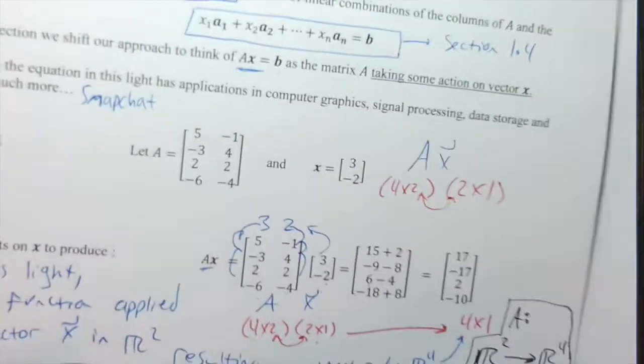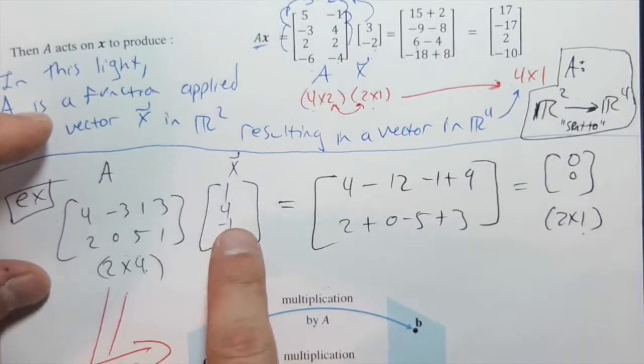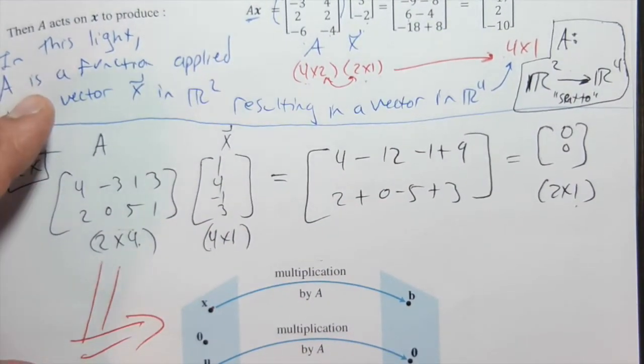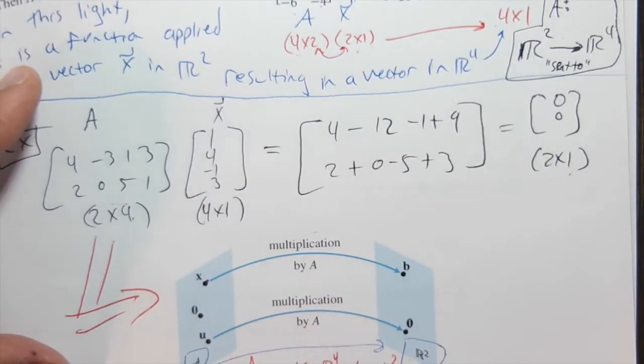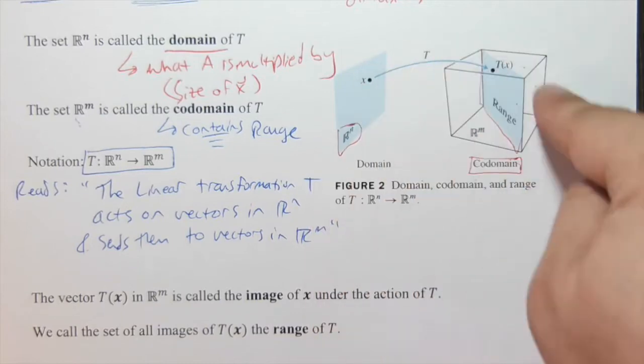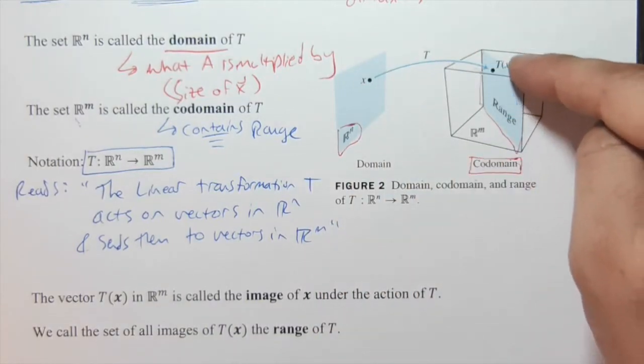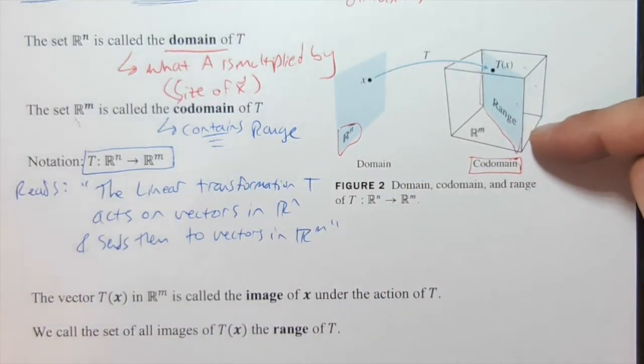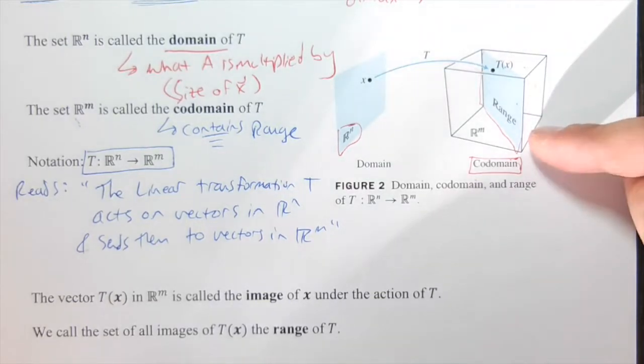And so let's actually write down this second one right here, right? So in this second one, we were sending things from R4 to R2. And so R4 would have been the domain, right? That's where things were coming from, and they were getting sent to R2.